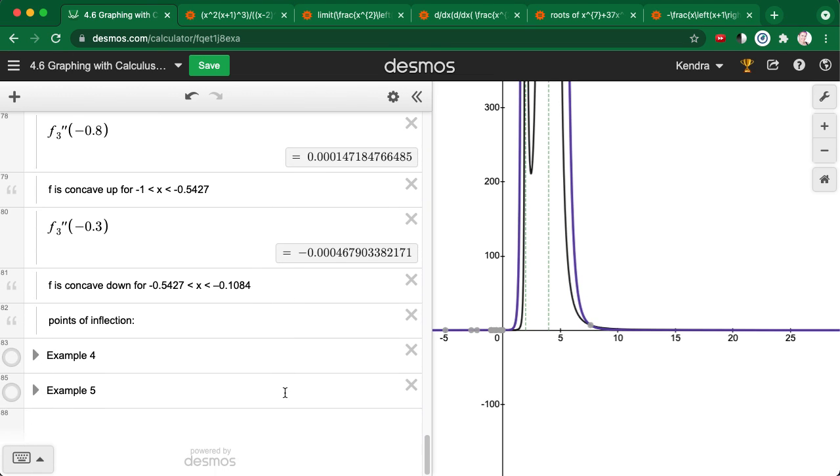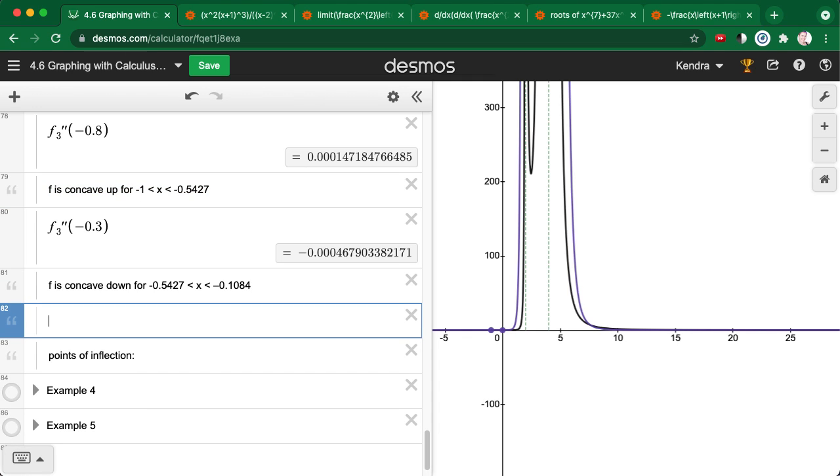So it's concave up for x between -0.1084 to 2, and for x greater than 4.